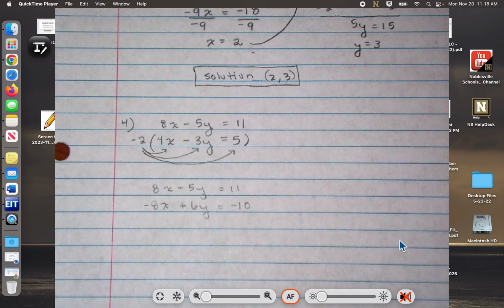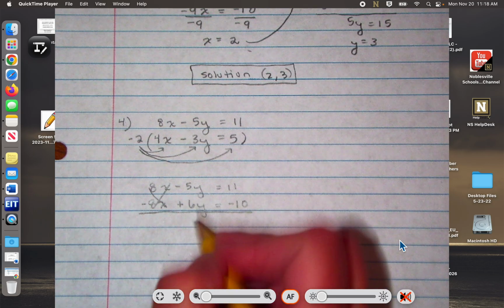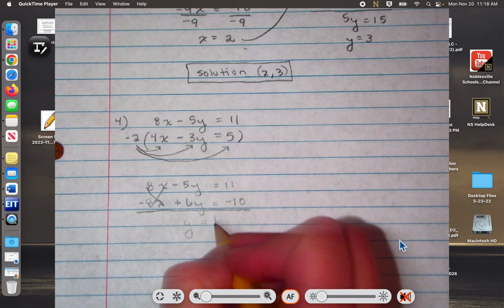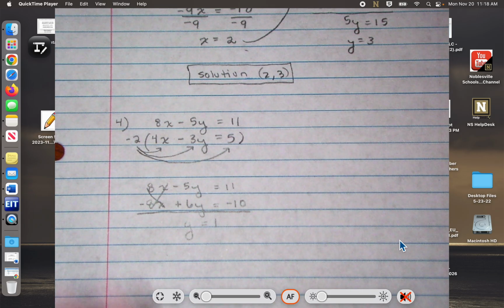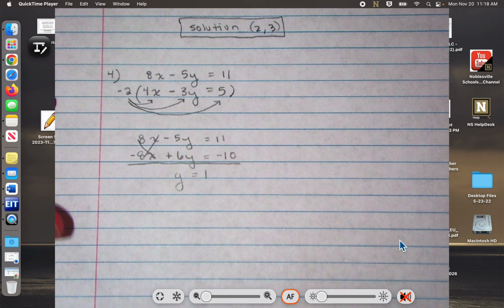So this one's actually kind of nice because when I cancel them out, that's all I have to do. Negative 5 plus 6 is just 1y, and 11 minus 10 is 1. So that one was a little bit less work. A little bit.